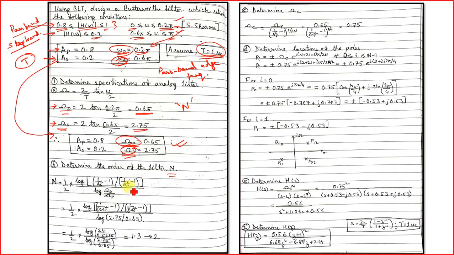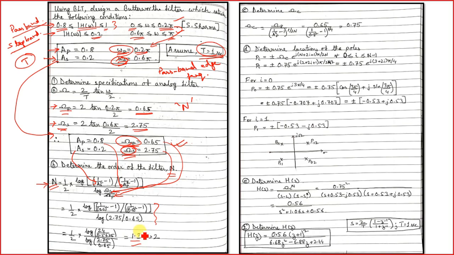Okay, so we have already calculated as, it is given over here, ap we have calculated, omega s we have calculated, omega p we have calculated. We will just put in the values over here and we get a value of 1.3. But we know that the order of the filter cannot be in decimal points.